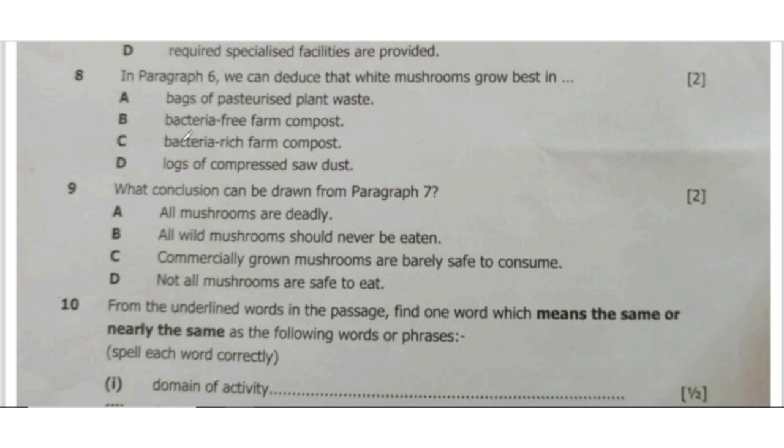Now, we never heard it saying it should be grown where there is a lot of bacteria. And logs of compressed sawdust. So the best area where they grow is in bacteria-free farm composite, which is B.